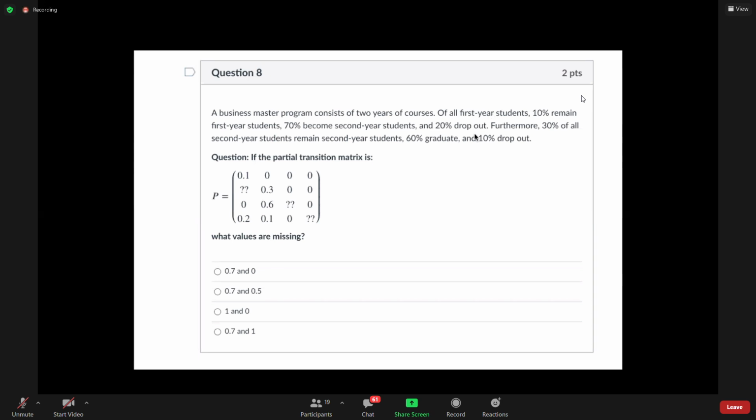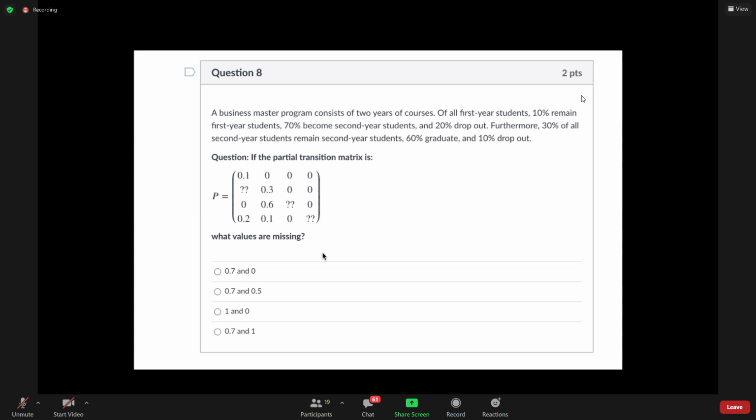No worries. Let's see question 8. A business master program consists of 2 years of courses. Of all first-year students, 10% remain first-year students, 70% become second-year students, and 20% drop out. Furthermore, 30% of second-year students remain second-year students, 60% of them graduate, and 10% of them drop out.